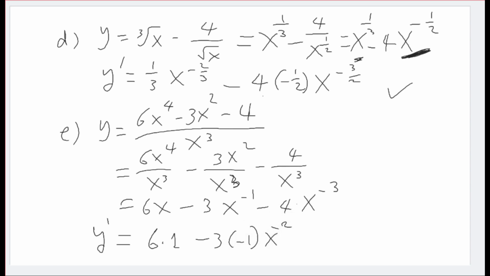Always subtract 1 from the power. And here, copy down the 4, bring down the negative 3, x reaches the negative 4. You always subtract 1, and this is the answer. Of course, if you want, you can multiply negative 3 and negative 1, and negative 4 and negative 3, to simplify further.